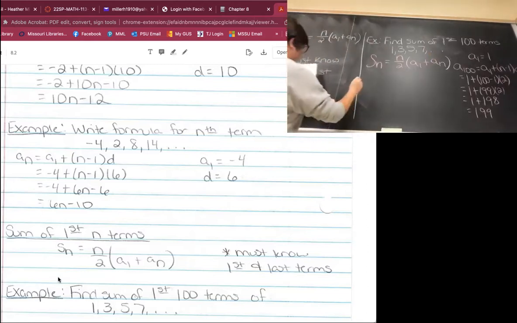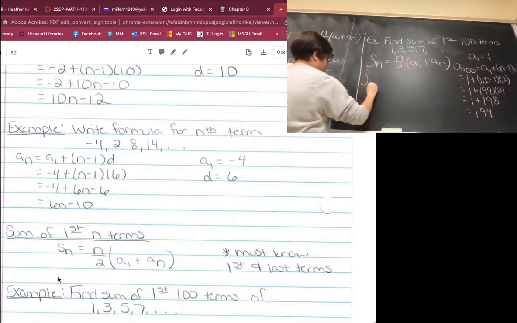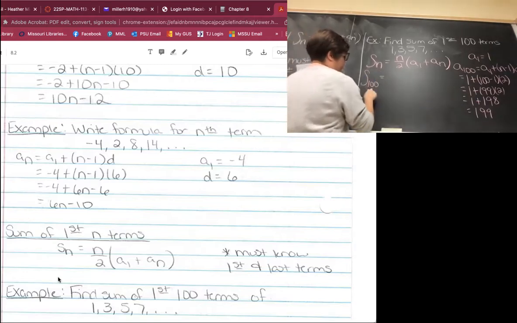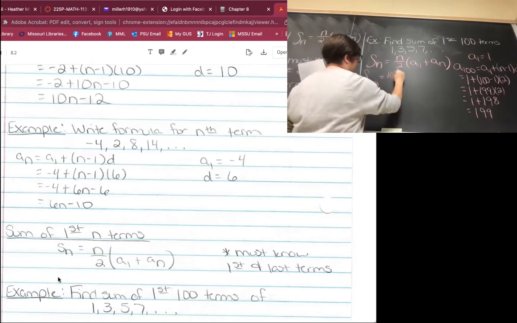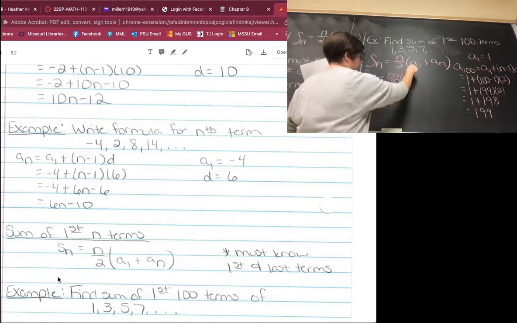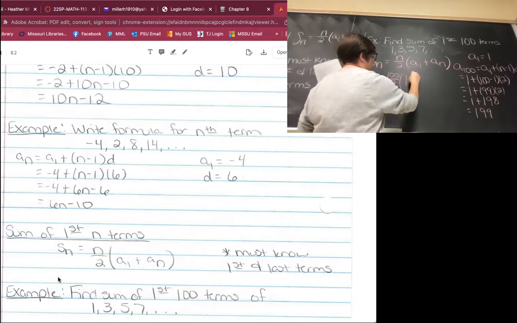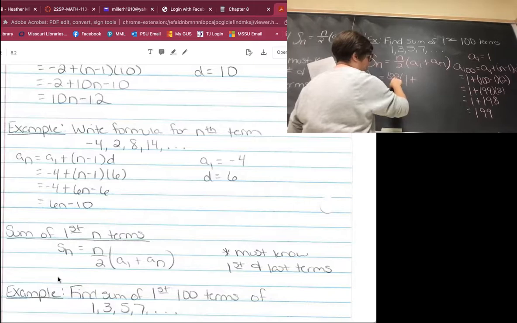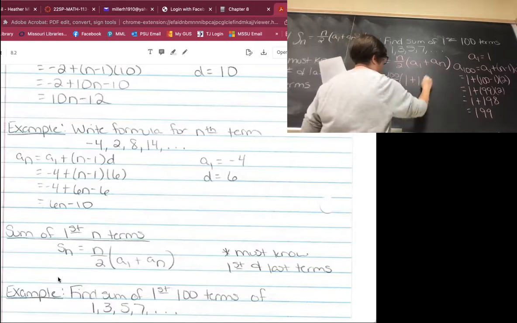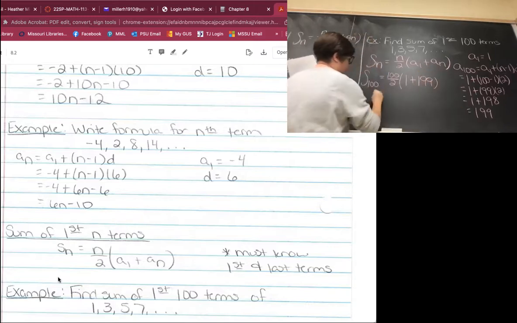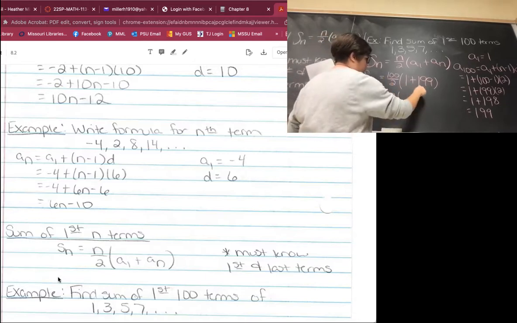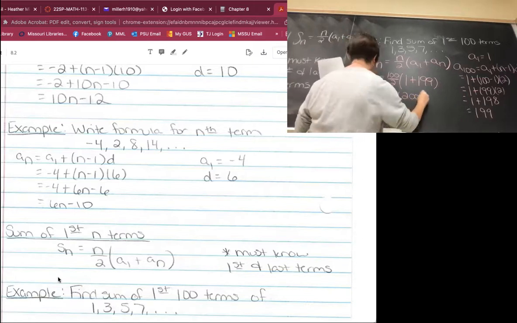So we are trying to find S, the sum of the first 100 terms of this sequence. So 100 is our n, so that's 100 divided by 2 times our first term, which is 1, plus our nth term, which is a sub 100, which is 199. 100 divided by 2 is 50. 1 plus 199 is 200.